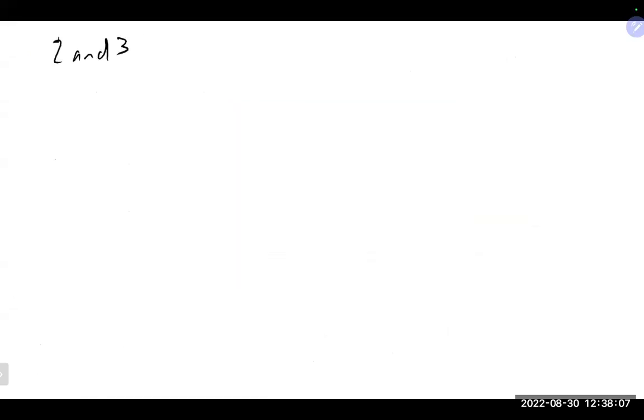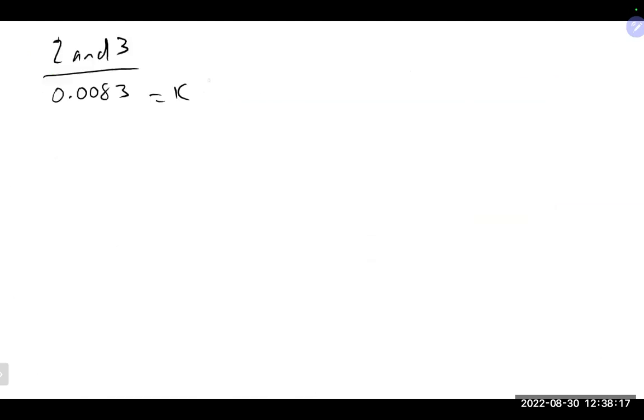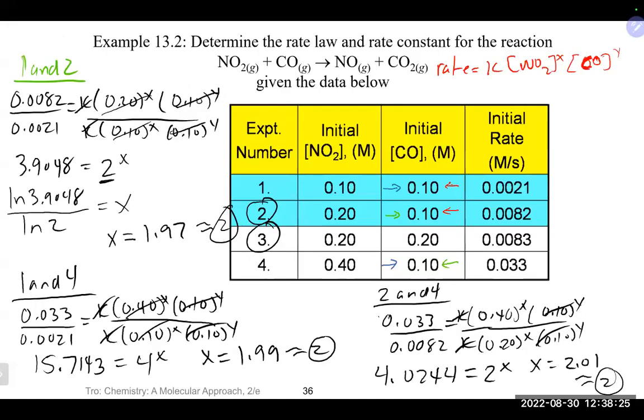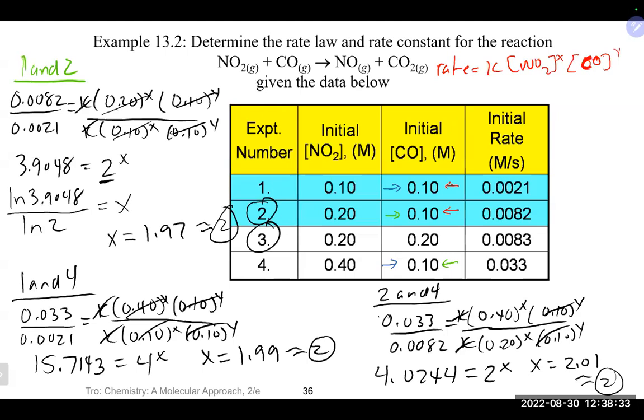So that's 0.0083. It's equal to our K, 0.2 and 0.2. That's easy. 0.2 to the X, 0.2 to the Y. And our number 2 is 0.0082. And that was 0.1, 0.2 and 0.1.